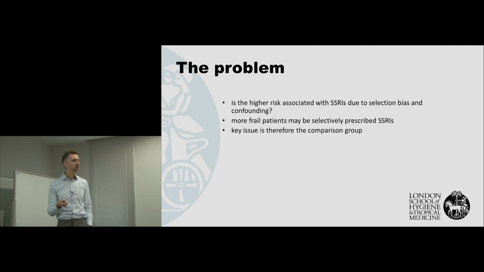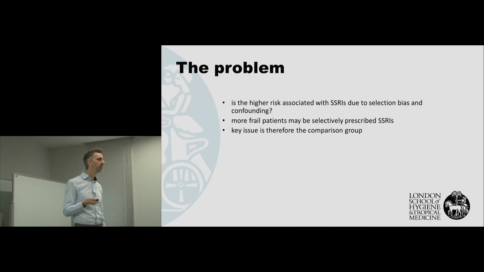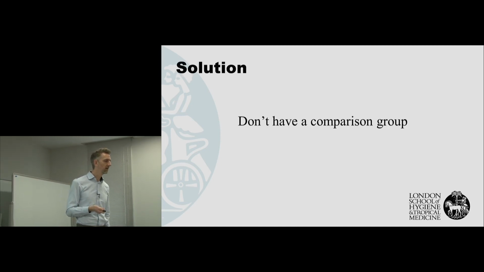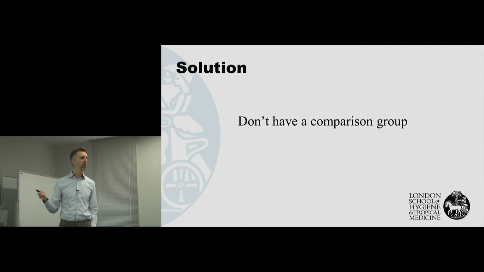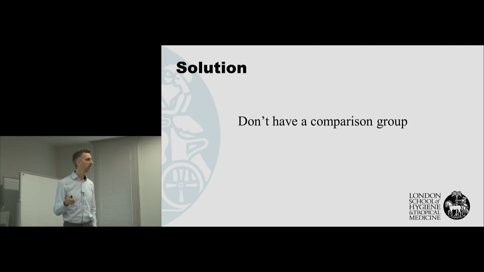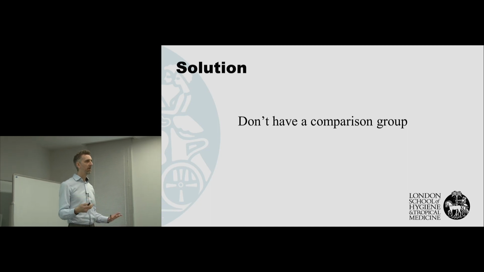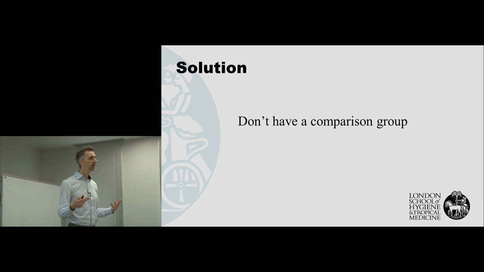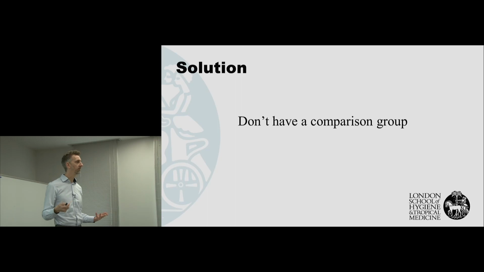So the key issue is how we make the comparison. Who do we compare the treated group against? So I'm going to suggest that one solution is to not have a comparison group at all. And this is the premise or the lead-in to the idea of self-controlled studies.